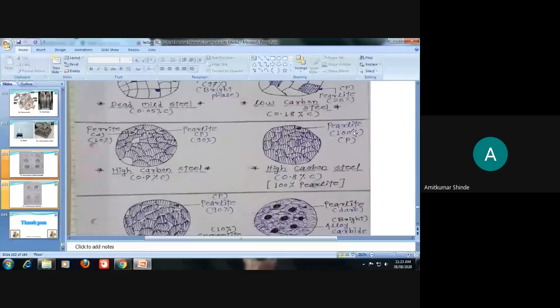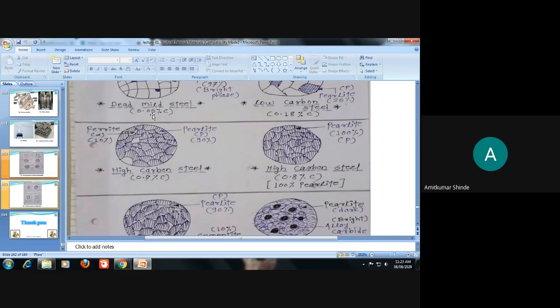As carbon percentage moves towards 0.8, ferrite goes on decreasing and pearlite goes on increasing. At 0.8% carbon, 100% pearlite will be there.